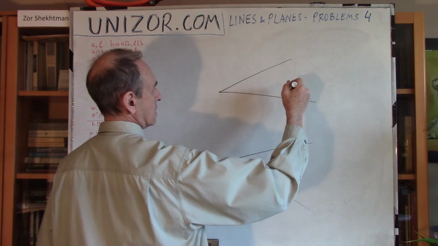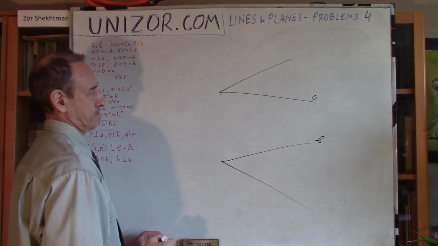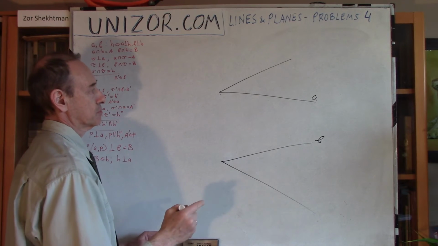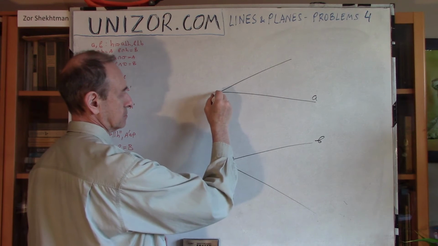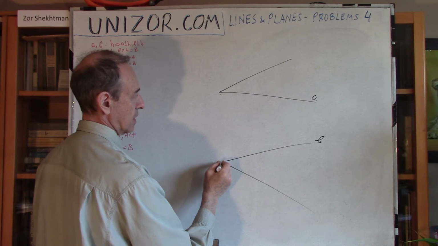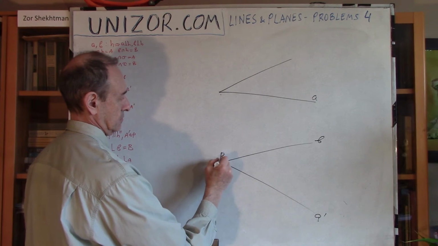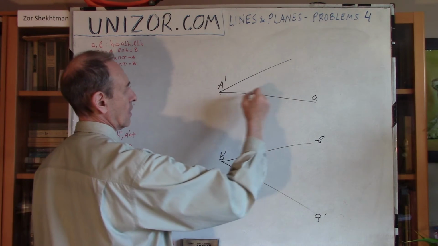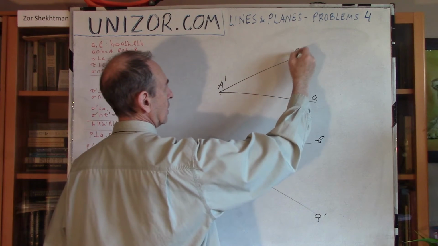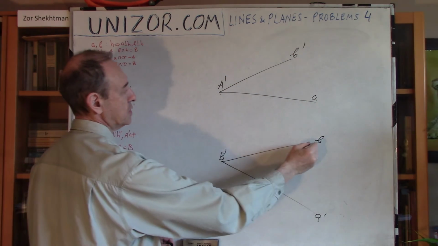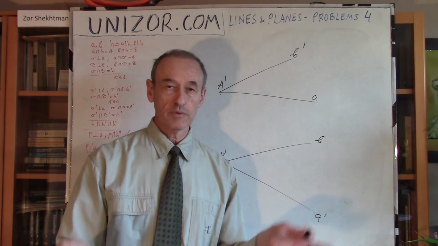Okay, so let's say this is my A and this is my B. I will pick any point on B and draw a line which is parallel to A. And on A, I will choose any point A prime and draw a line parallel to B from point A. By the way, I do know how to do it; we did discuss it before.